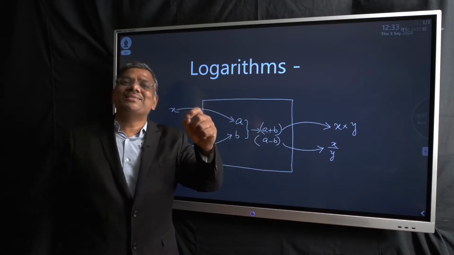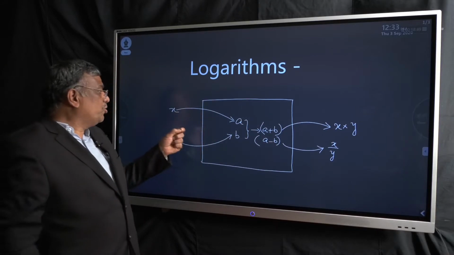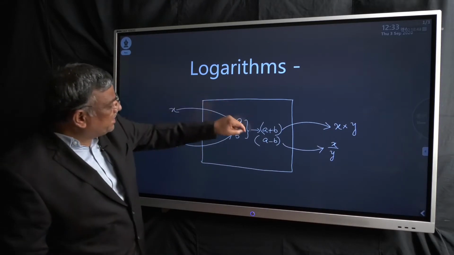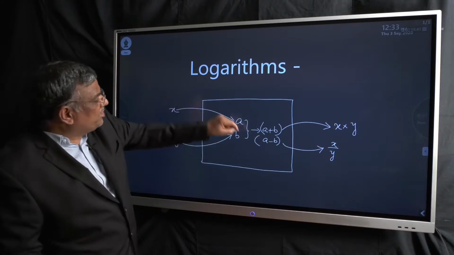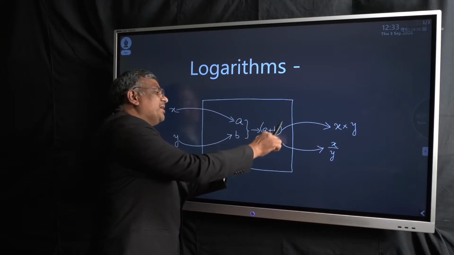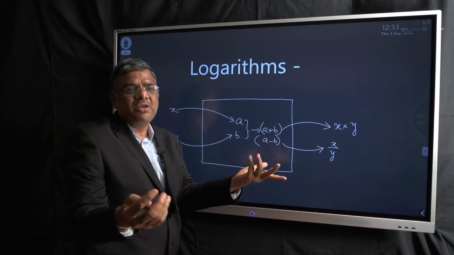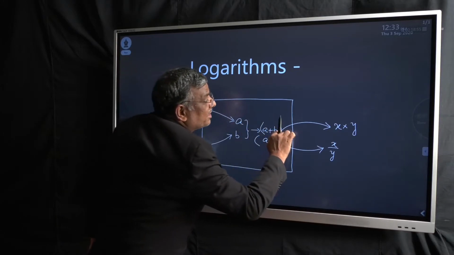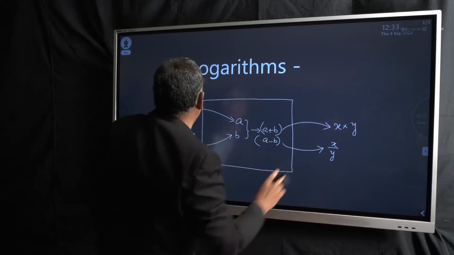Now let us learn how, when two numbers are given, to go inside the box, that is, how to find their transformations. After getting the transformations, the addition and subtraction are usual addition and usual subtraction. The next part is how to come out of the box.